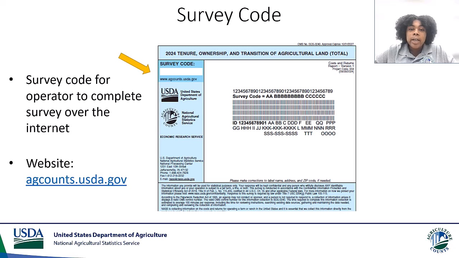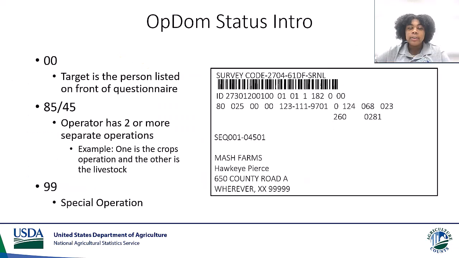As an enumerator with access to CAPI, you can also find the survey code by clicking the info icon and looking for the word survey code. As a general reminder, the website for the operators to report their data is at agcounts.usda.gov.